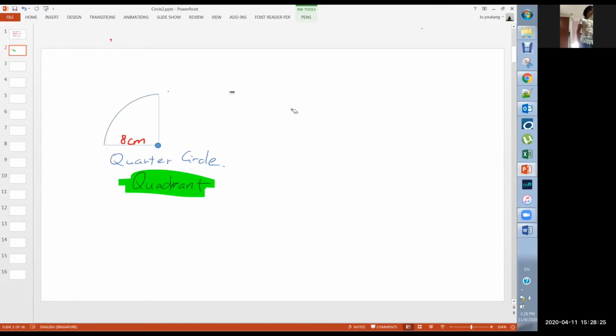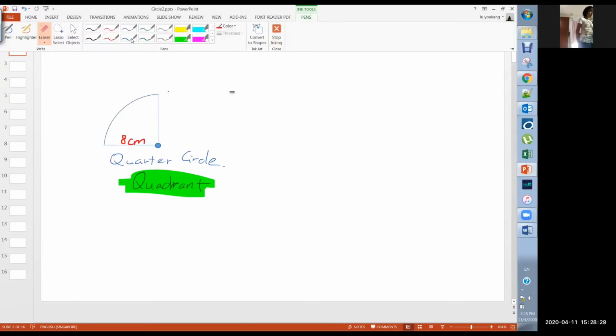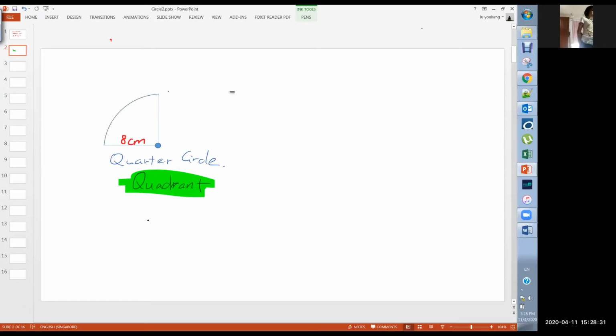Now the question asked, what is the perimeter of the quadrant? Perimeter of the quadrant. Can you use your finger? Show me where's the perimeter. Go. Where's the perimeter of the quadrant?